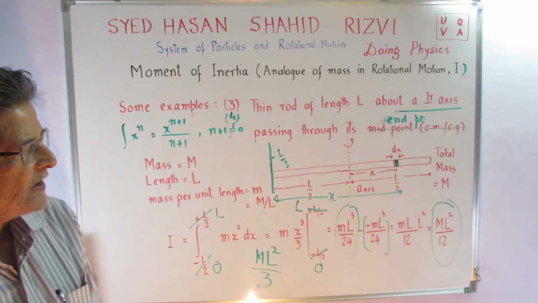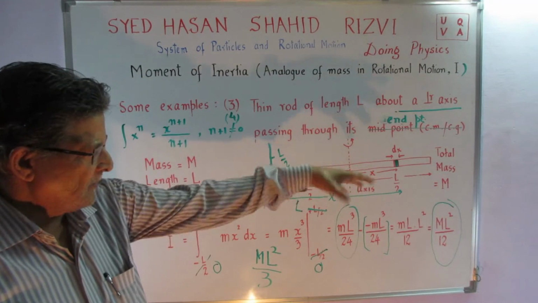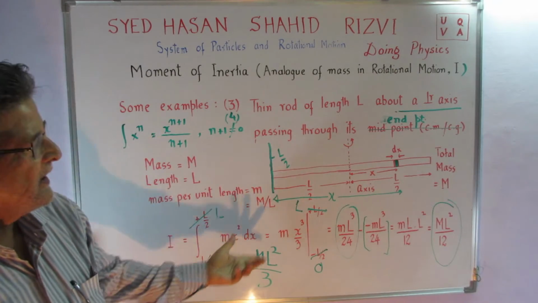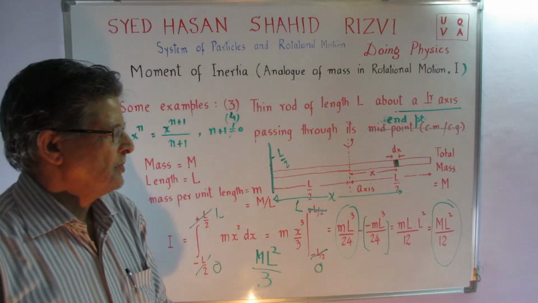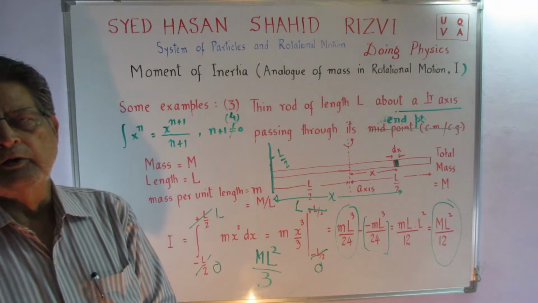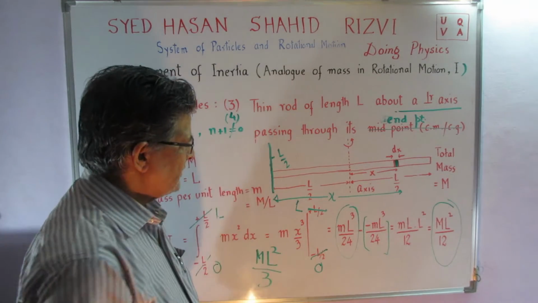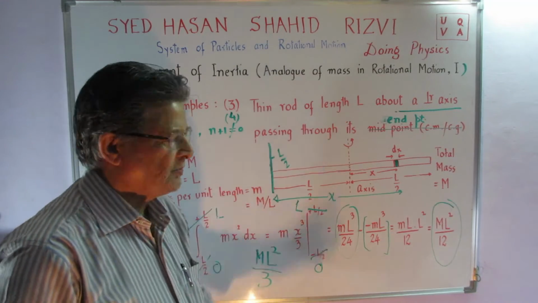The only distinction that we have made, the angular velocity could be any choice. It doesn't matter, because the moment of inertia is independent of the angular velocity of the rotating rod. The only thing is that the axis of rotation has been changed.